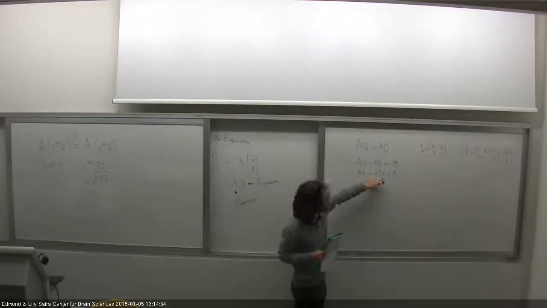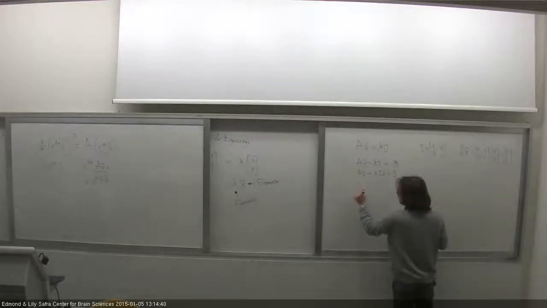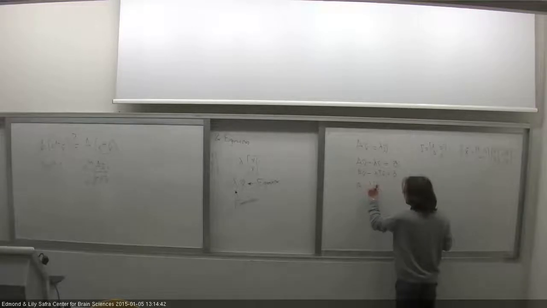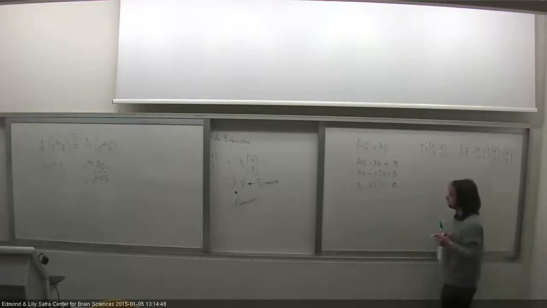So I could just put this in here. And then I'm going to write this as A minus lambda I times V, and this should equal the zero vector.